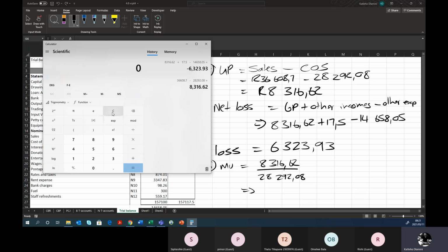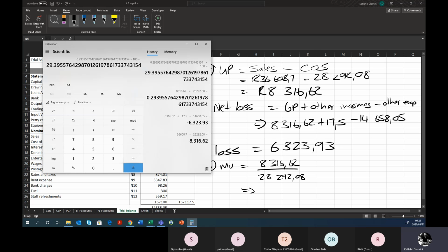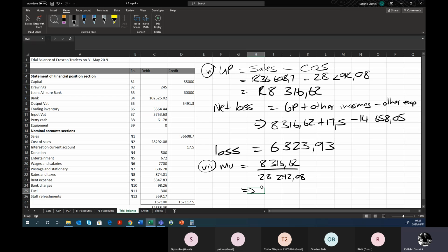All right. So we have 8316.62 divided by 28292.08 multiplied by 100. We have 29.4%. Forgot to multiply by 100 there.